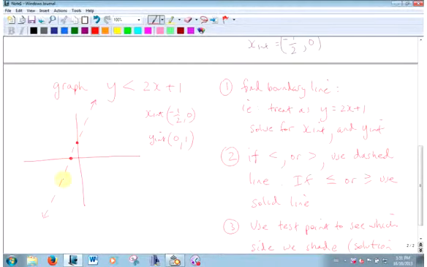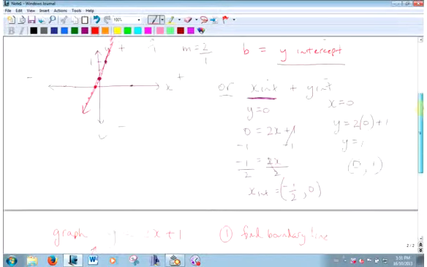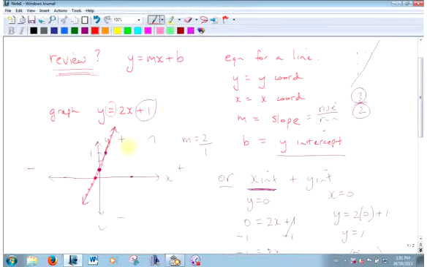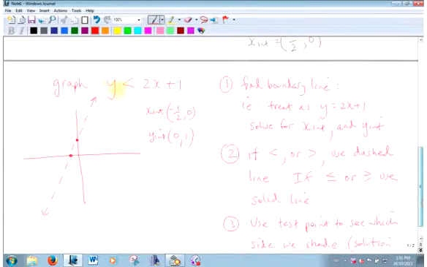Why am I dashing the line? Who caught that when I said it? Because it's not equal. This line is not a solution. Okay? This y will never be equal to 2x plus 1.